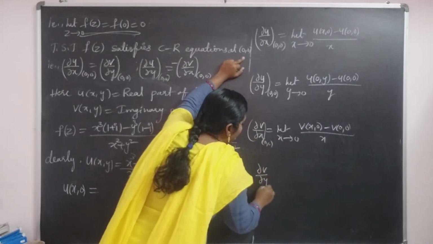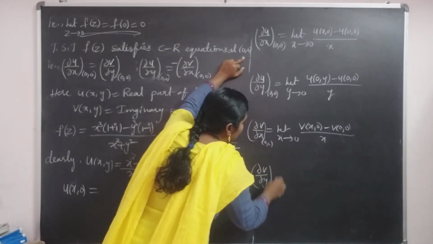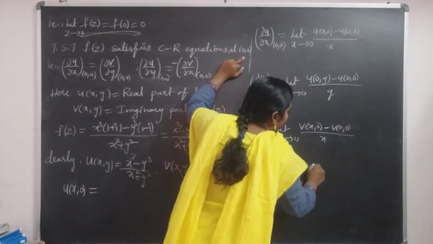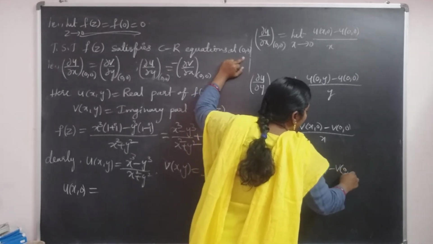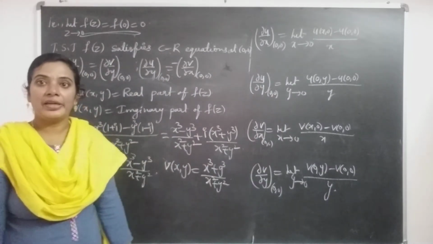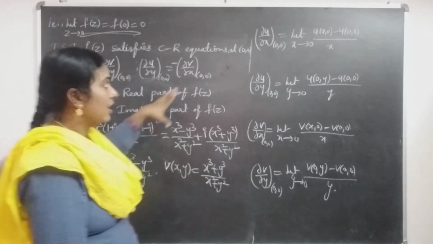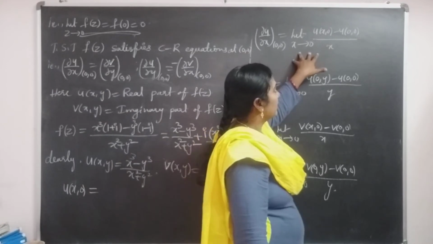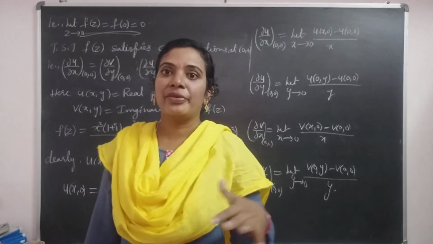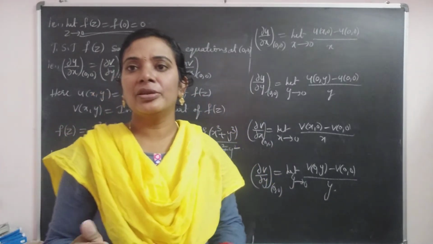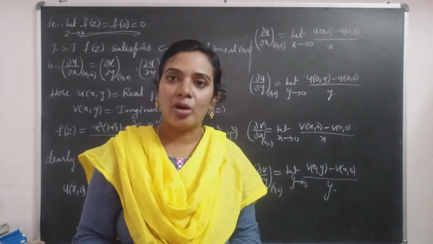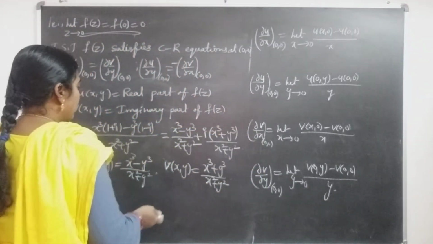Dou v by dou y at origin means limit y tends to 0, v of 0 comma y minus v of 0 comma 0 by y. In this, the partial derivative at origin is by the definition. The u function is differentiated with respect to x, so y is treated as a constant, and these derivatives are taken at origin. Okay, so in that case y is 0.